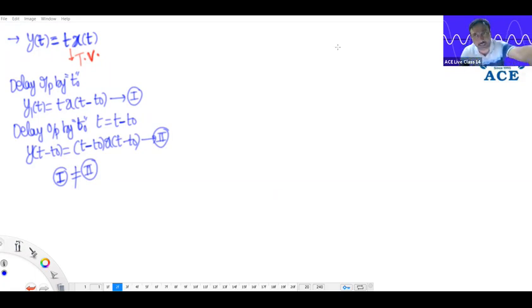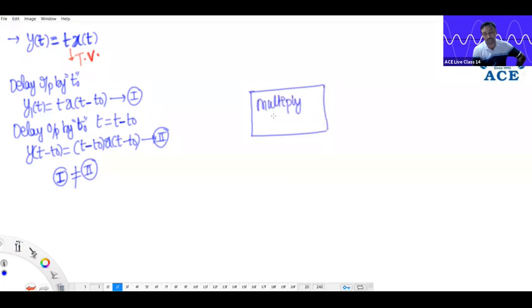Suppose we fail mathematically, you can check graphically also. How? The system operation is multiply by t. After that, we delay by t naught. Let us take a delay by 1 unit.